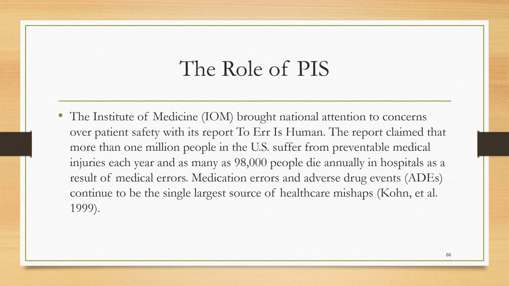The report claimed that more than 1 million people in the United States suffer from preventable medical injuries each year, and as many as 98,000 people die annually in hospitals as a result of medical errors. Medication errors and adverse drug events continue to be the single largest source of healthcare mishaps.